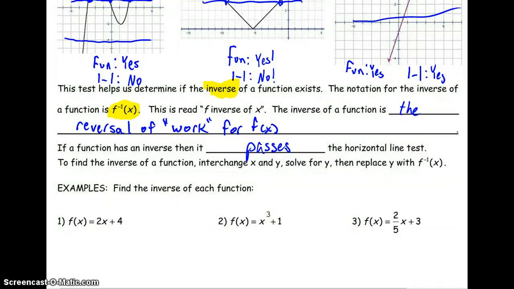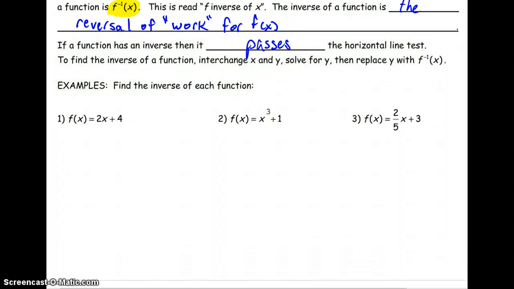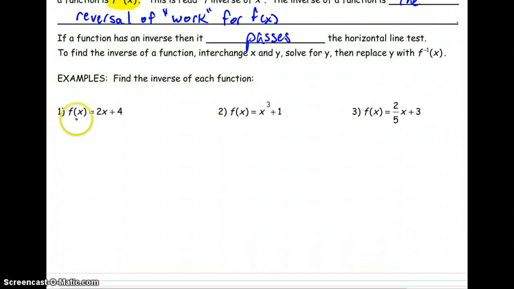So to find the inverse of a function, we're going to do several things. Take a look at these examples right here. F of x really represents y. And if we're asked to find the inverse of a function, we're going to always switch x and y. Where we see y, we will replace it with an x.